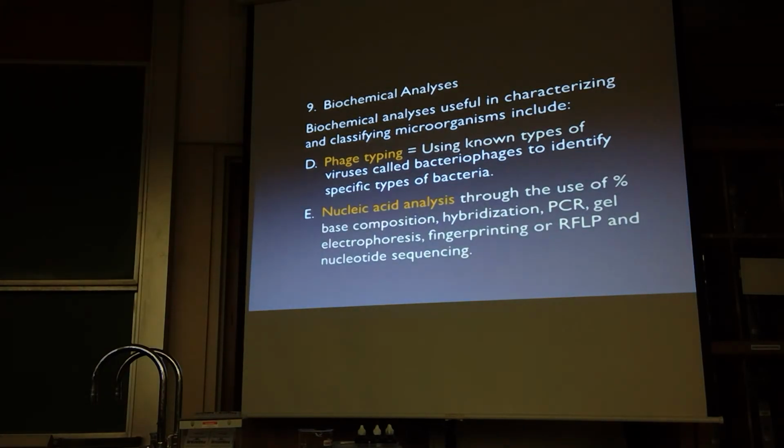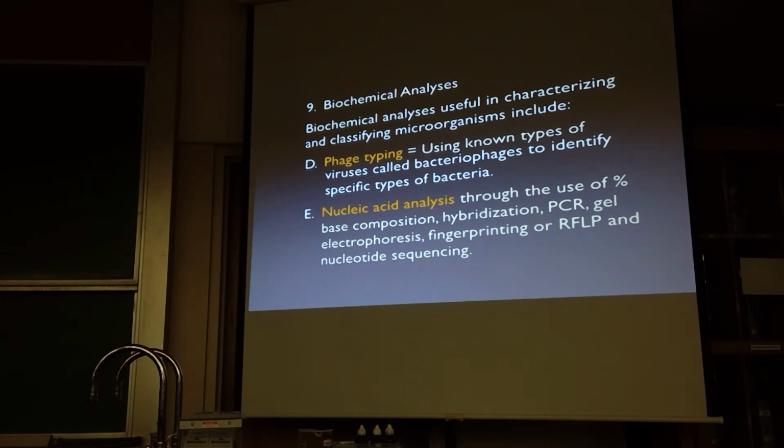So then you get to nucleic acid analysis. And this is really the nitty-gritty because nucleotide sequence is going to tell you everything the cell can do, kind of in a roundabout way. Nucleic acids are DNA, deoxyribonucleic acid, and RNA, ribonucleic acid. There are different ways of looking at these.